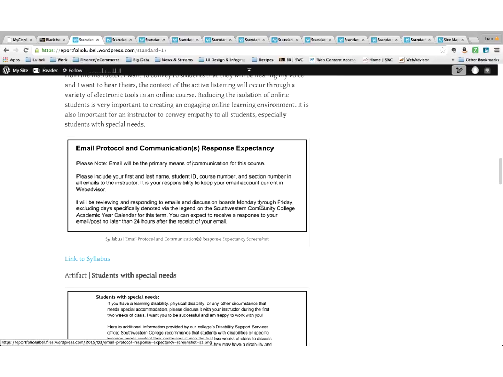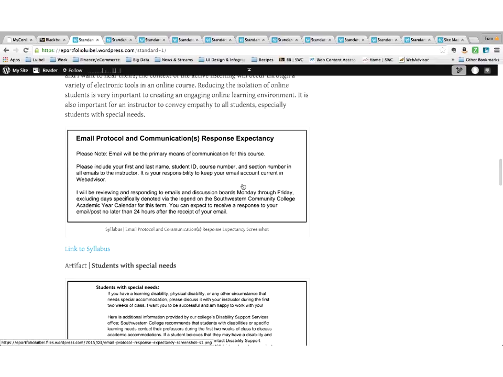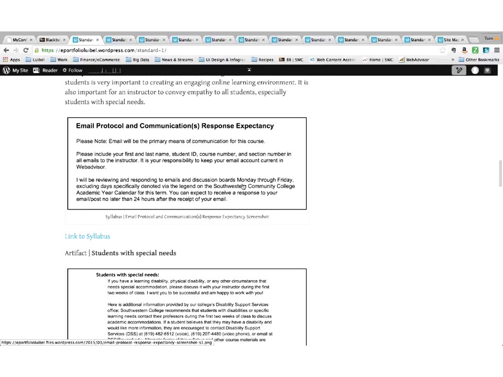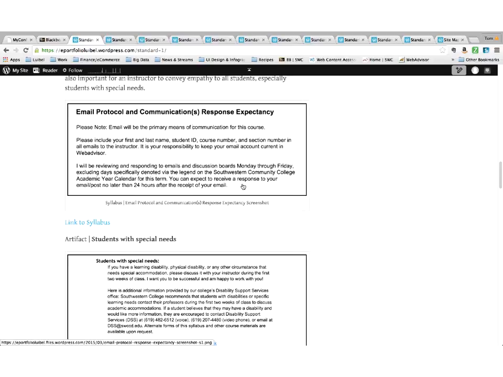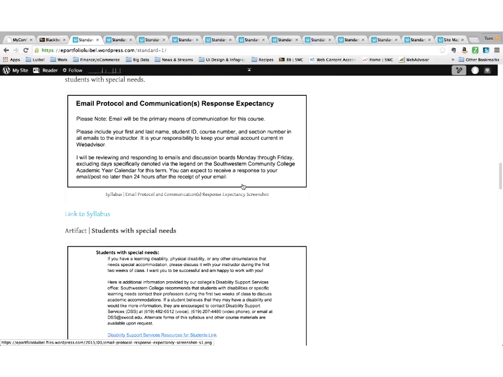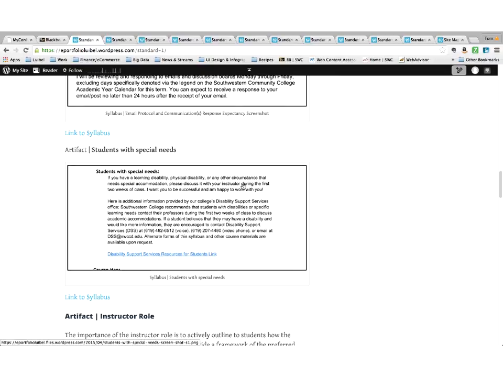I've gotten a myriad of emails and I don't know who they're from, so I've set this email protocol. At the same time, I've set a communications response expectancy. So I tell the students I'll respond to them Monday through Friday. This is a course policy, except on holidays. Most of the time I respond much faster than 24 hours, but at the latest, they'll get a response from me within 24 hours.